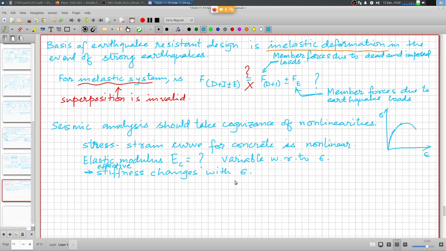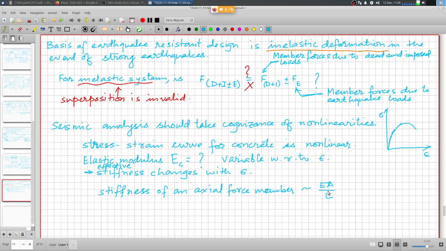Right, and what are the sources? I mean, the effective stiffness depends on the stiffness of an axial member, which is EA by L, right?